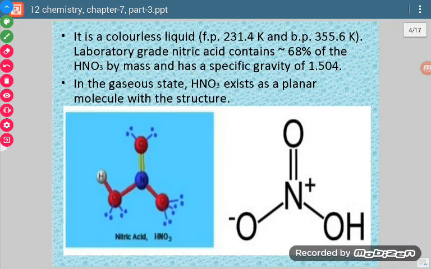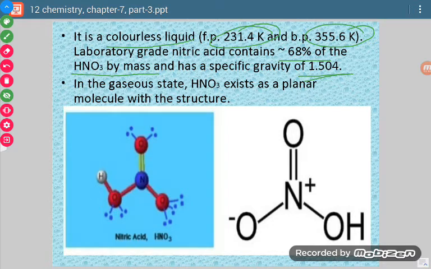Now when we prepare this nitric acid, what are its properties? It is a colorless liquid. It has a freezing point this much and a boiling point this much. Now, the nitric acid which is used in laboratories contains 68% nitric acid by mass, and it has a specific gravity of 1.504.